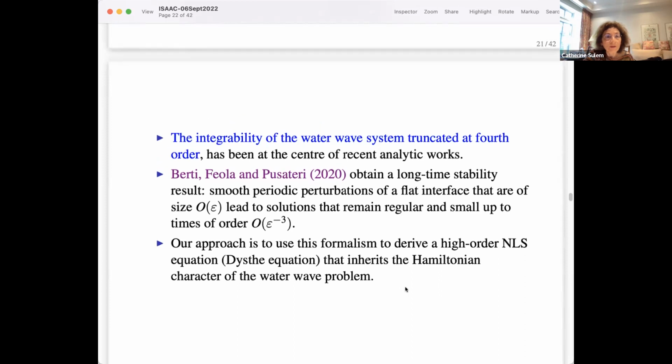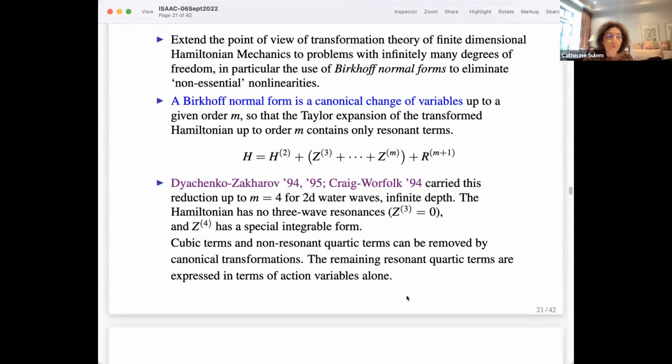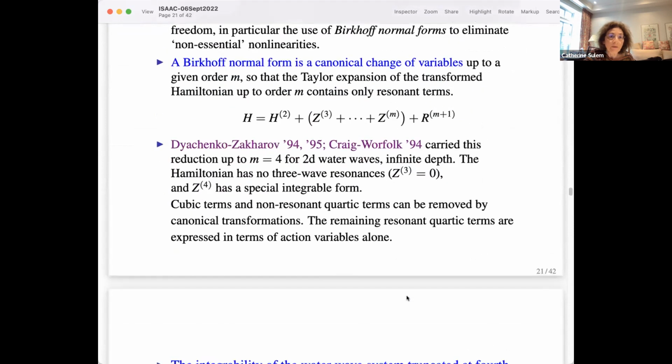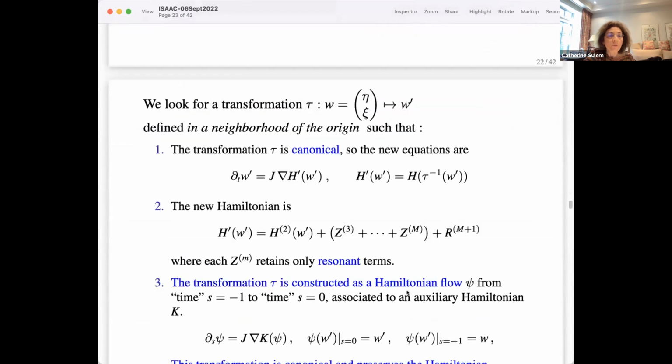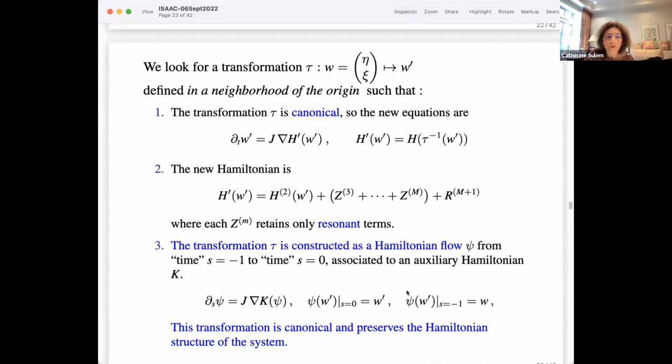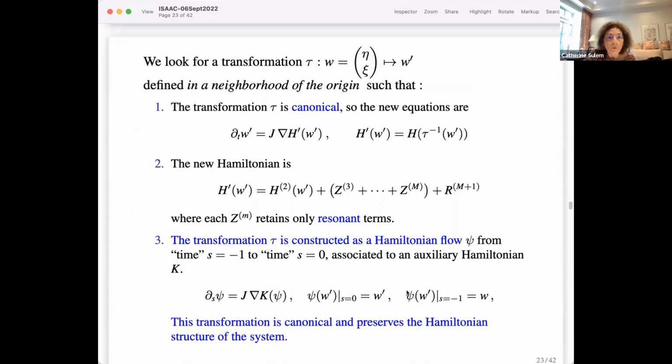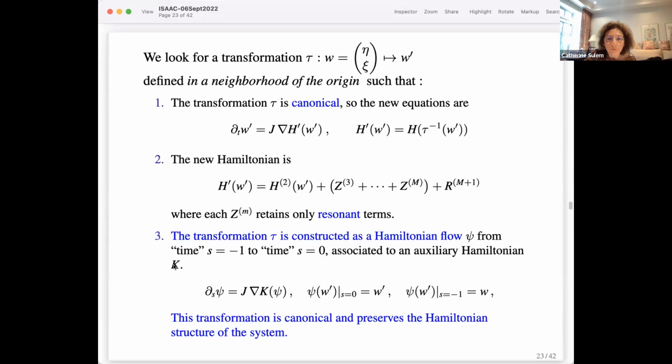So this is essentially the setting which we will put in place for our derivation of Dysthe, and so I will not go too much into these details.